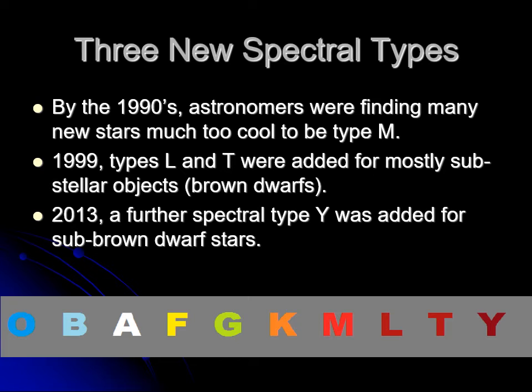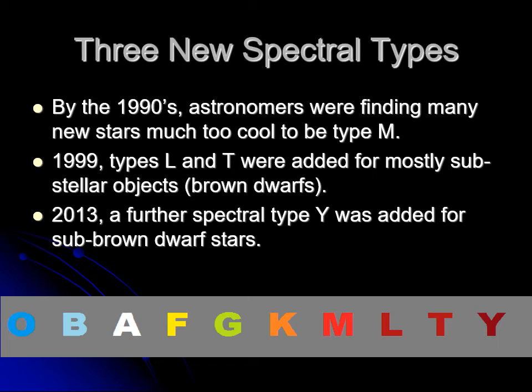Now, O, B, A, F, G, K, M. These are the spectral types that Annie Cannon had come up with. But towards the end of the 20th century, astronomers with new telescopes that could see dimmer things were seeing dimmer stars, stars that were so dim that they typically didn't shine very bright because they were very cool.